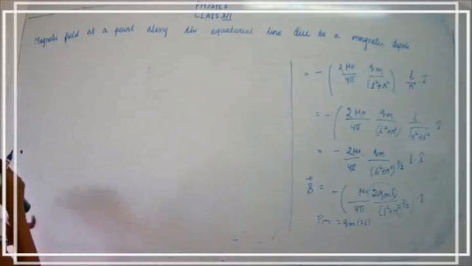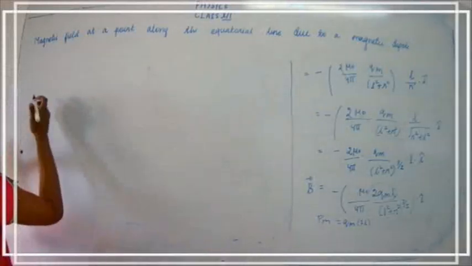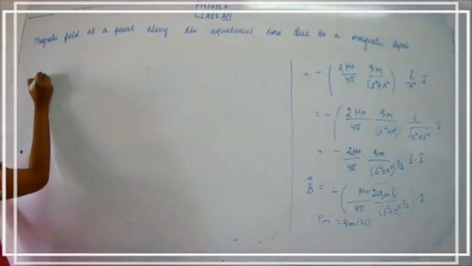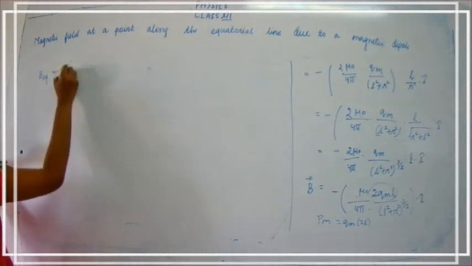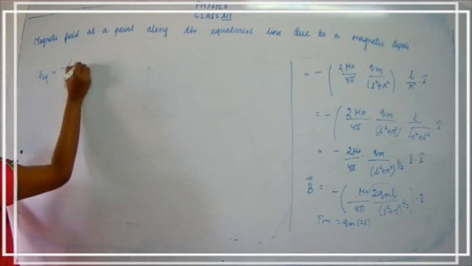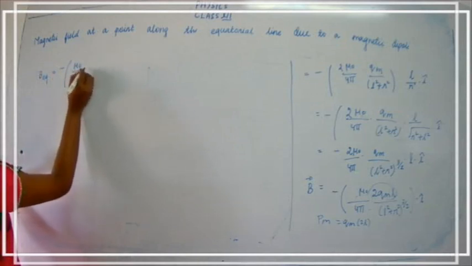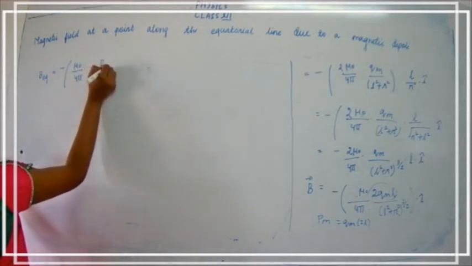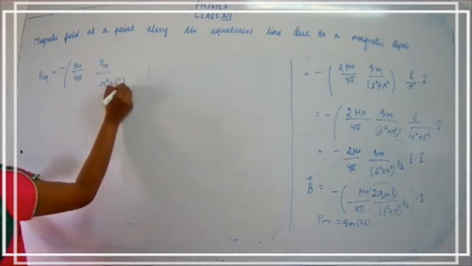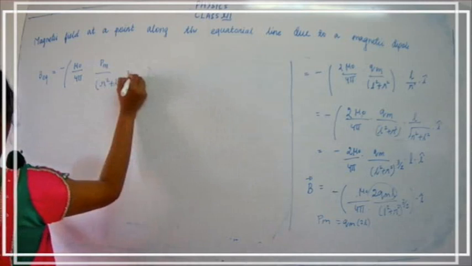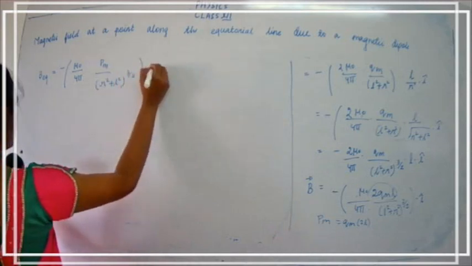So B equatorial is equal to minus of mu naught by 4 pi, Pm by r square plus L square power 3 by 2 into I cap.